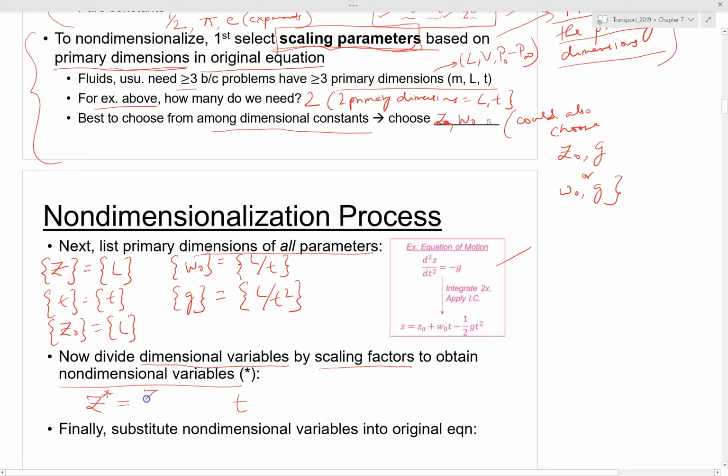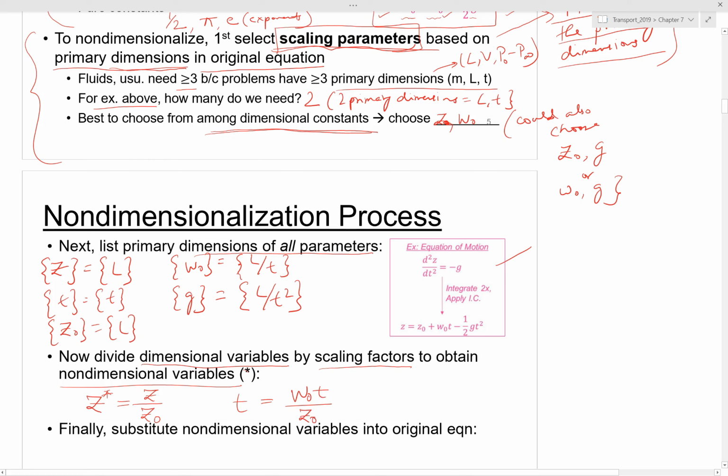So Z we divided by a dimensional constant, Z0, and T by W0 T divided by Z0.